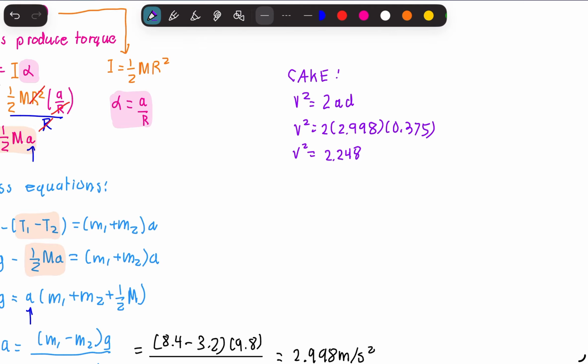Taking the root of both sides, that is our velocity.